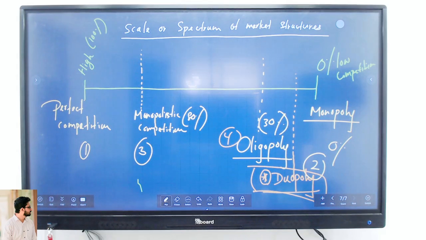Otherwise, starting a business is difficult. For example, it's very difficult for us to go into a monopoly market, because we don't have money, and also there are so many restrictions.